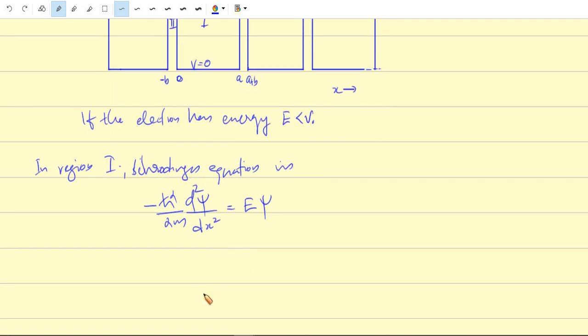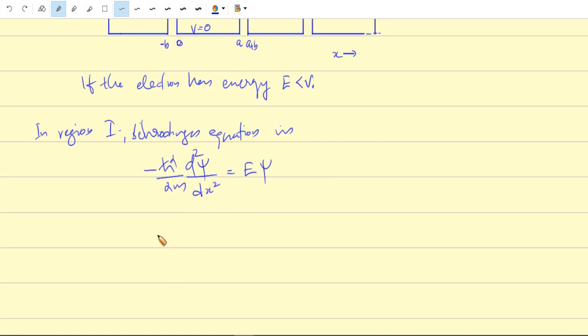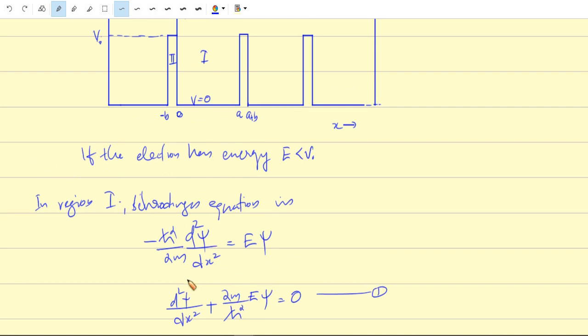You can write this as d square psi by dx square plus 2m by h cross square E psi is equal to 0. So this is equation number 1. Here m is the mass of the electron, h cross is the Planck constant, and psi is the function in region 1.